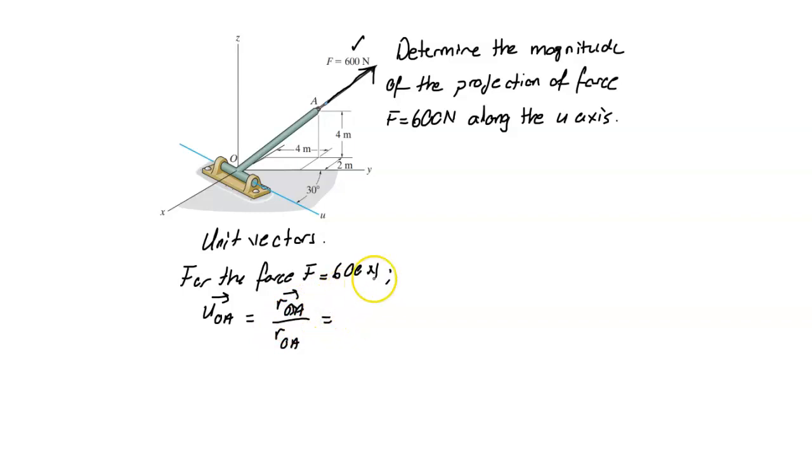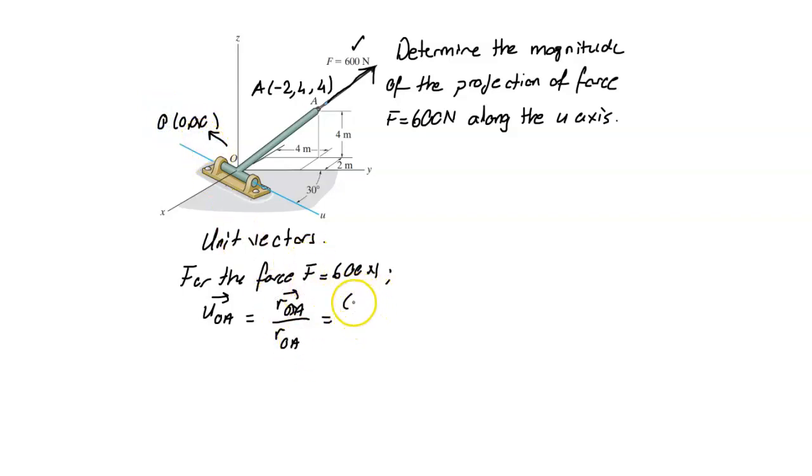So the position vector can be written by considering the coordinates of A and the coordinates of O. The coordinates of A are -2 for X, 4 for Y, and 4 for Z. And the coordinates of point O are 0, 0, and 0.